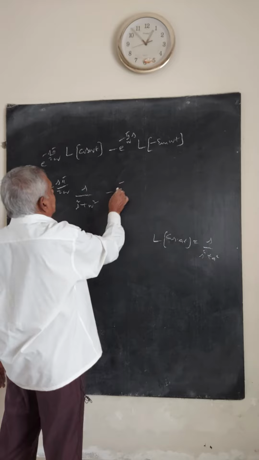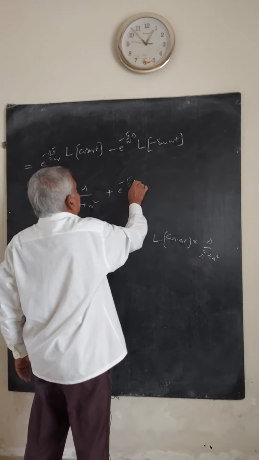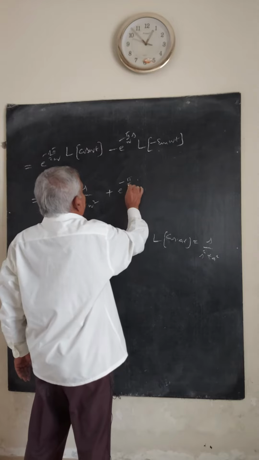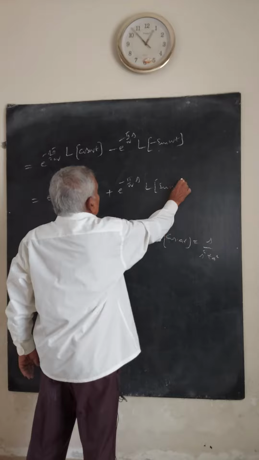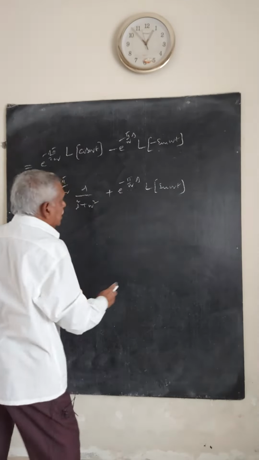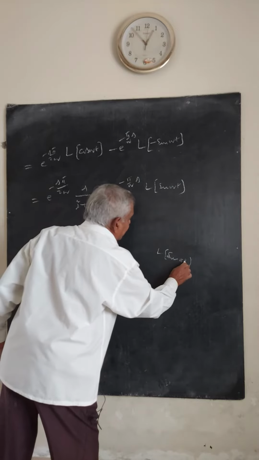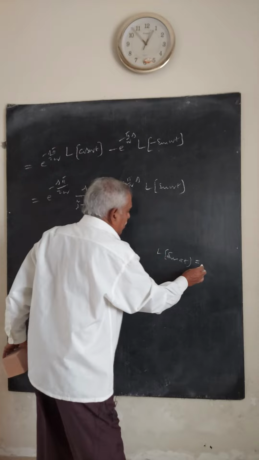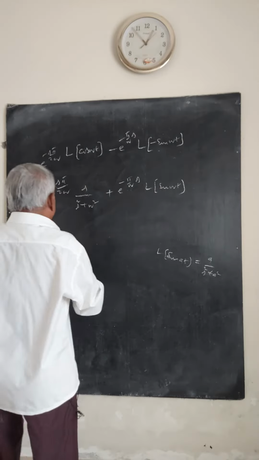Minus, plus, comes e power minus pi s by omega times L of sin omega t. L of sin at we already know is a by s square plus a square.